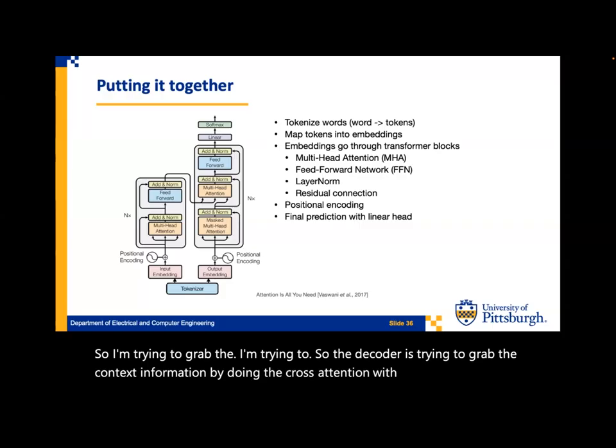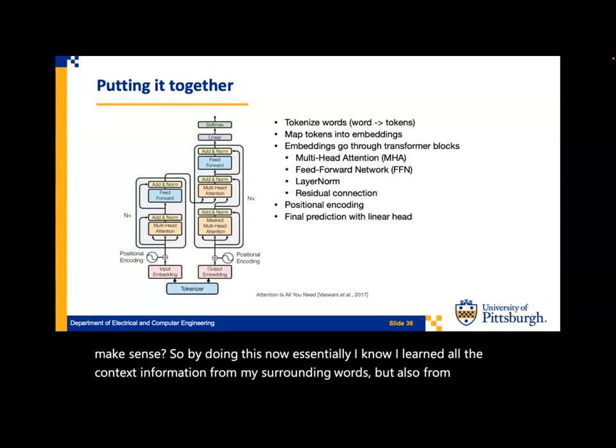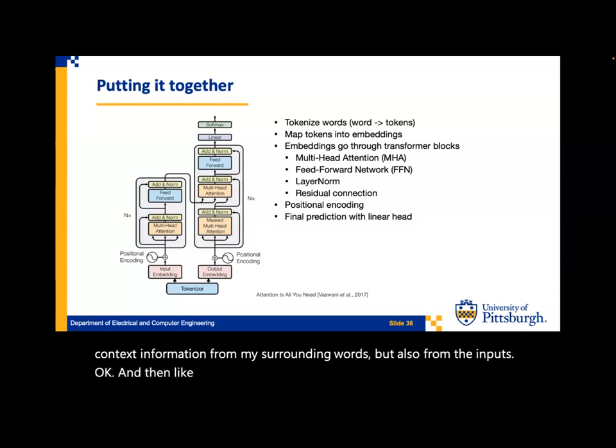Does that make sense? By doing this, I learn all the context information from my surrounding words, but also from the inputs. Then finally it goes to another feed-forward network and another linear and softmax to give you the final output. So this is called the encoder-decoder architecture.